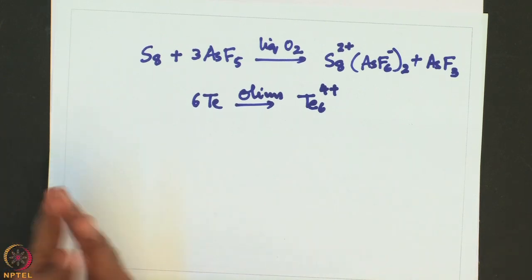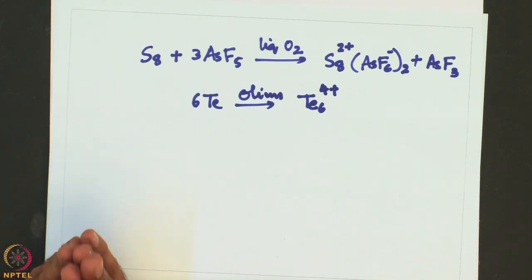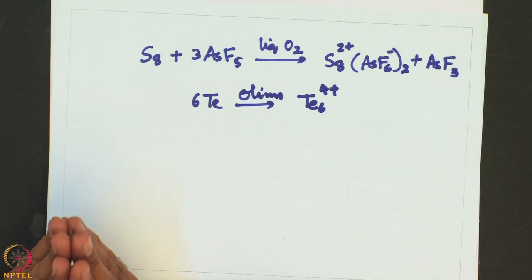Let us look into another important set of compounds of sulfur, that is sulfur nitrogen compounds. Sulfur nitrogen chemistry is an area that has seen major developments over the last few decades because of their utility as conducting polymers.